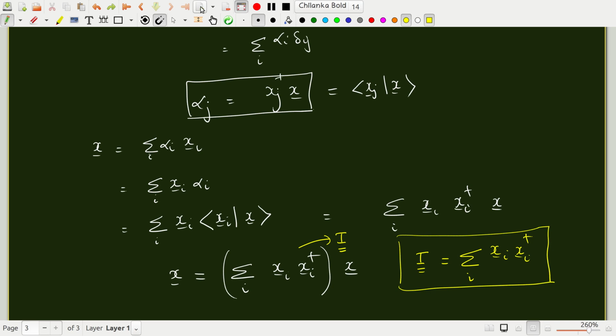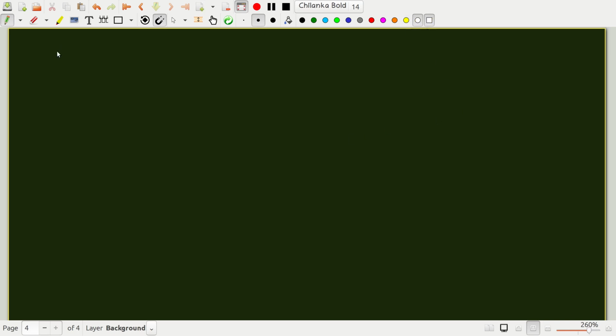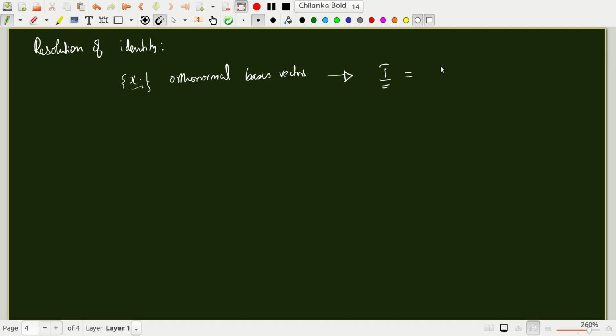This is called, in linear algebra, resolution of identity. If I have a set of n orthogonal or orthonormal basis vectors, then if they are a complete basis, they must satisfy this.